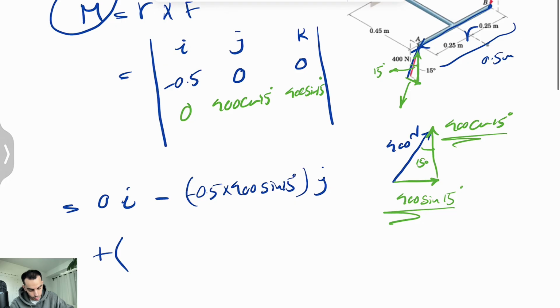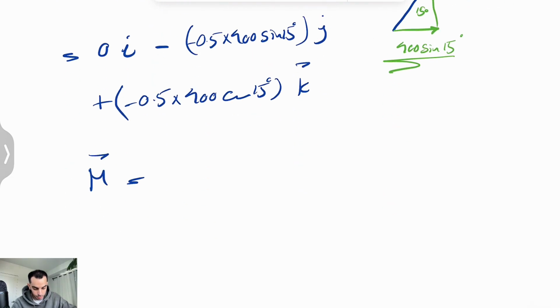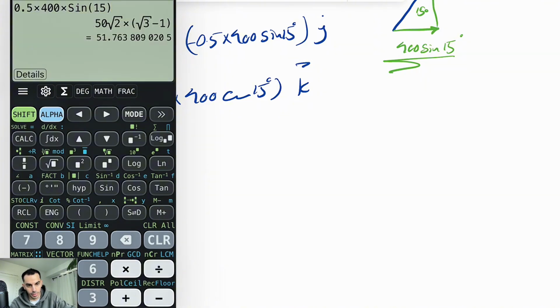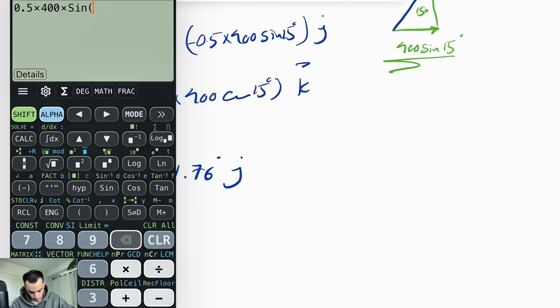Same idea, we're going to cover k. So basically negative 0.5 times 400 cosine of 15 degrees k. So our moment here would be: 0.5 times 400 times sine of 15 degrees is going to be 51.76 j, and very similar for the other one, times cosine of 15 degrees, except we have a negative sign in here too.